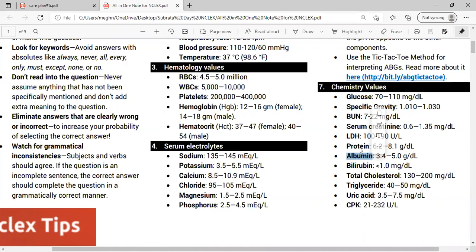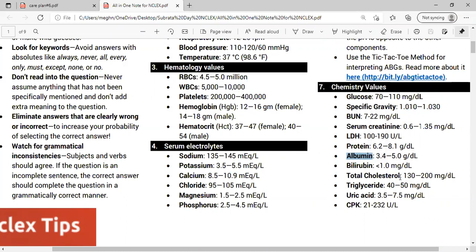So if anybody has proteinuria, meaning protein present in urine, maybe the problem is in the kidney, right? When oncotic pressure is reduced, the patient develops ascites. Oncotic pressure means if protein is imbalanced, oncotic pressure is also imbalanced. Bilirubin level should be less than 1.0. If it is more, the patient develops jaundice.